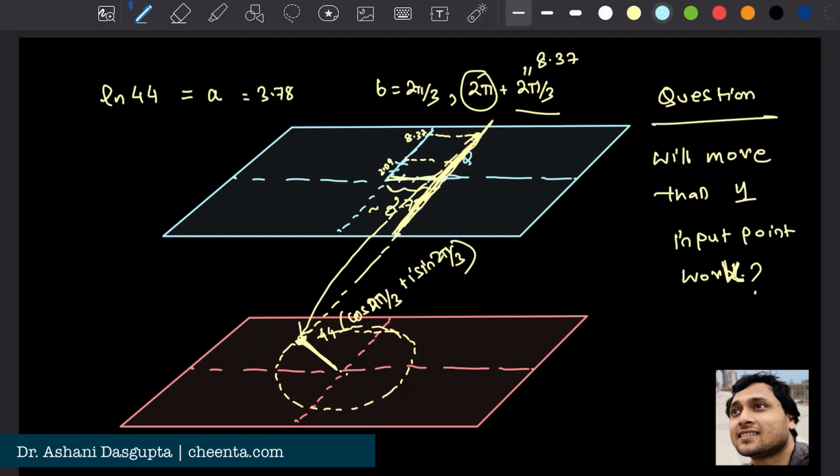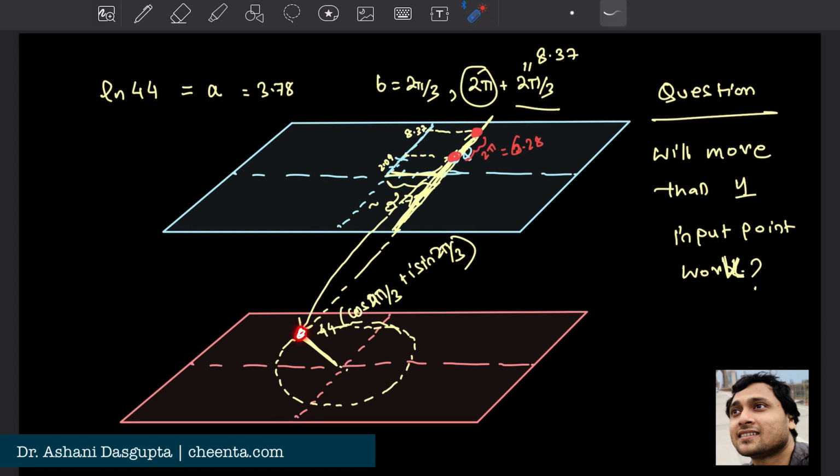Isn't it very nice? I find it very beautiful actually. And every time there is a gap of 2 pi, which is approximately 6.28, you return back to the same point. So in particular, more than one point will work.